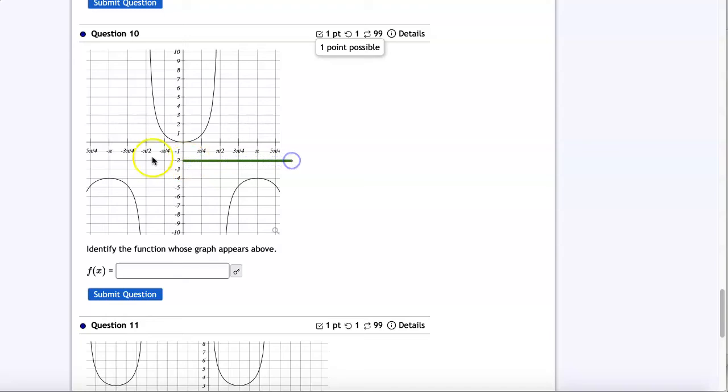So I see that I have a midline here at -2. Next, I can observe that the graph is 2 above and 2 below the midline. So as in the case of the previous problem, the amplitude is again going to be 2.